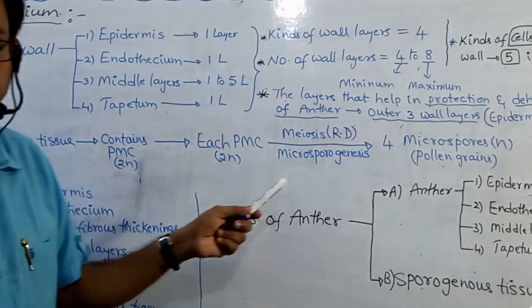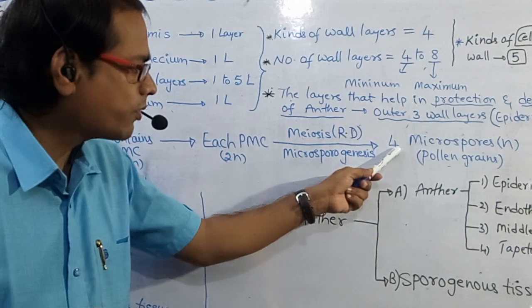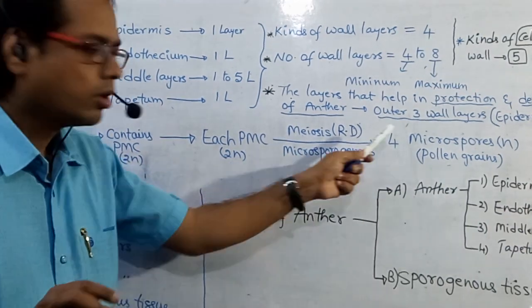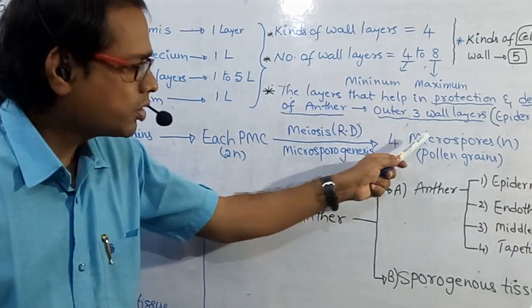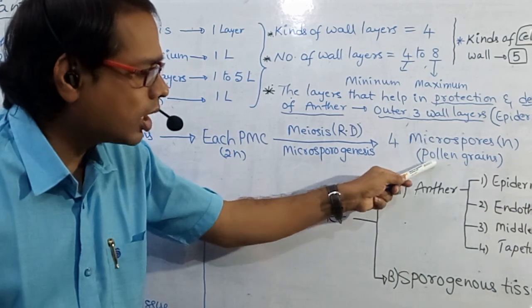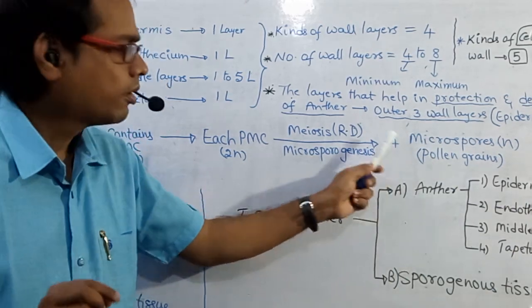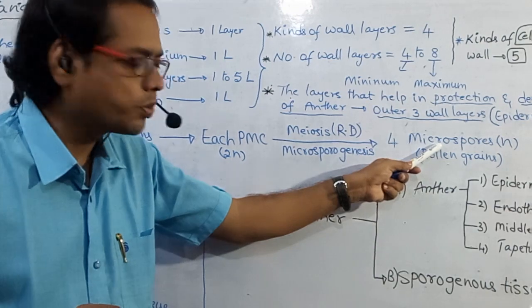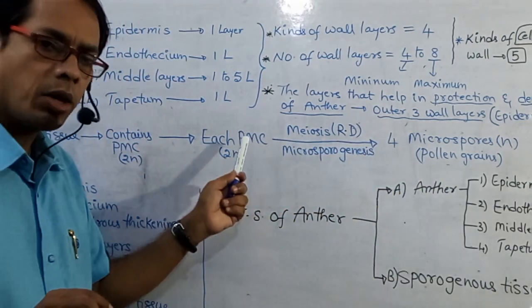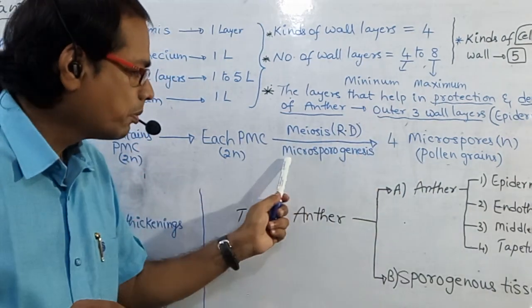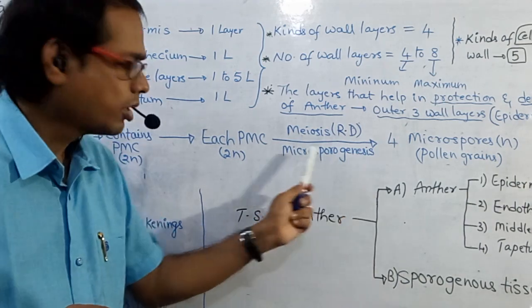microspores. Number of microspores formed from each PMC? 4 microspores. These microspores are also called pollen grains. Formation of microspores from pollen mother cell is called microsporogenesis.